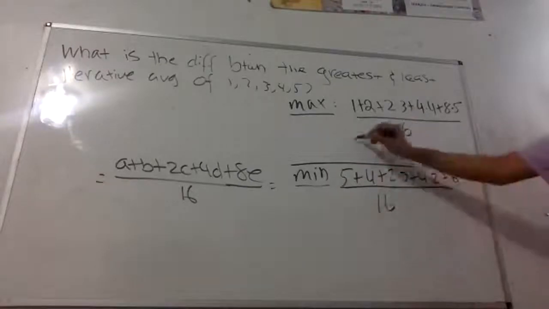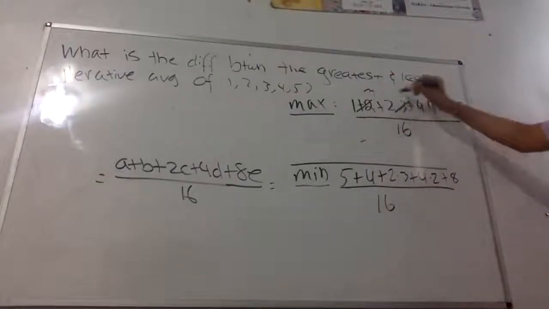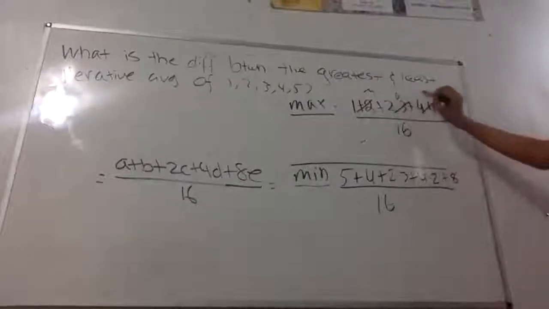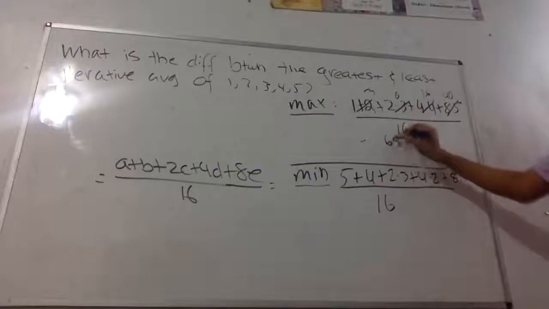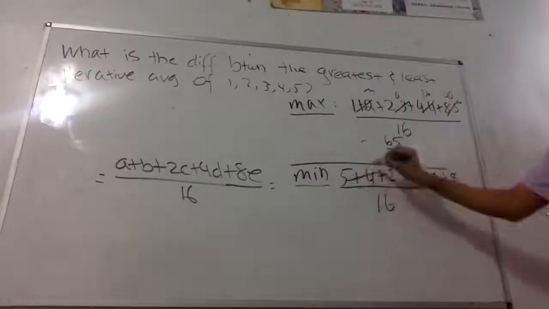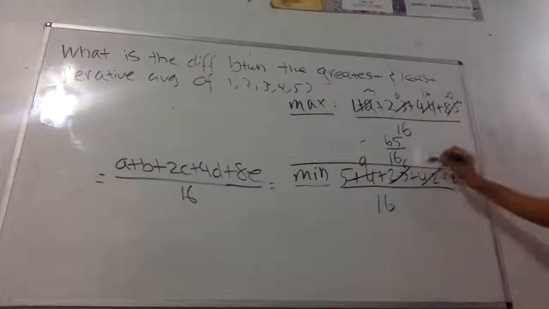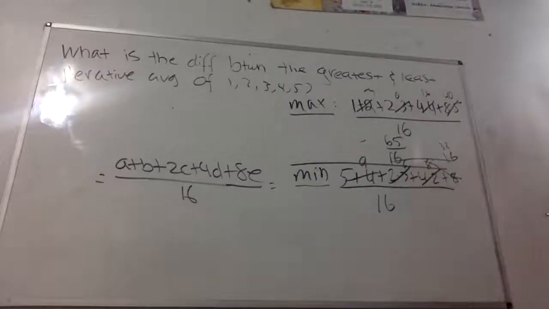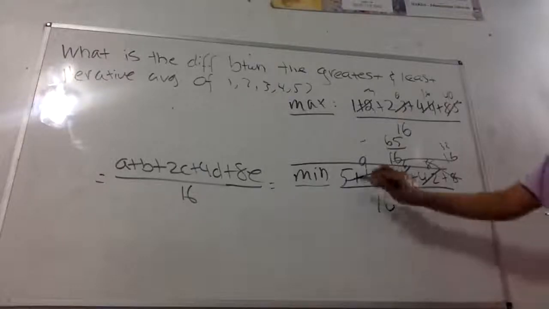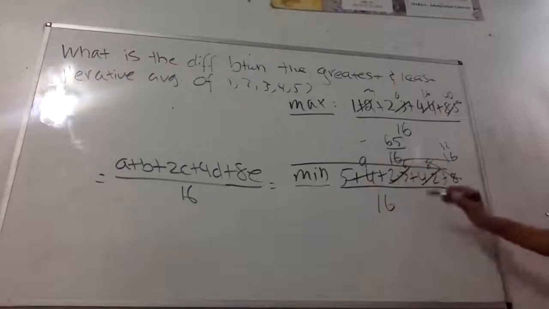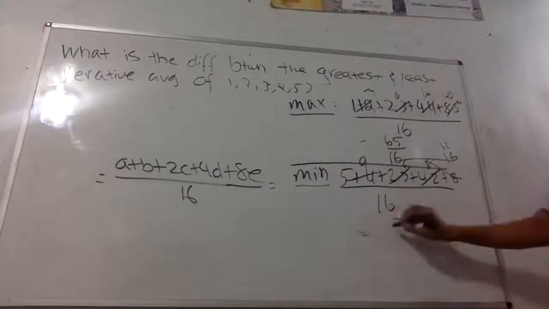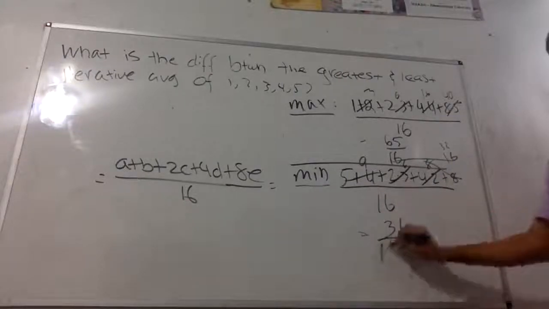So let's simplify this. We have 3 here, 6 here, 16 here, 40 here. That should give us 9, 25 plus 40 is 65 over 16. For the minimum, 8 plus 8 is 16, 32 plus 9. Probably made a mistake right here. Let's see, 5 plus 4 is 9, plus 6 is 15, plus 8 is 23, plus 8 is 31. So this is actually 31 over 16.